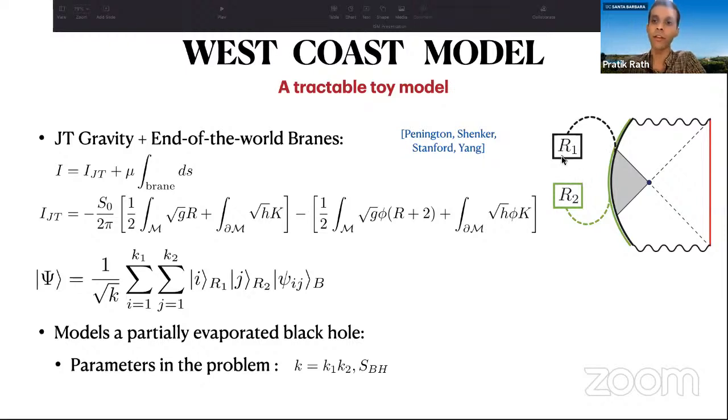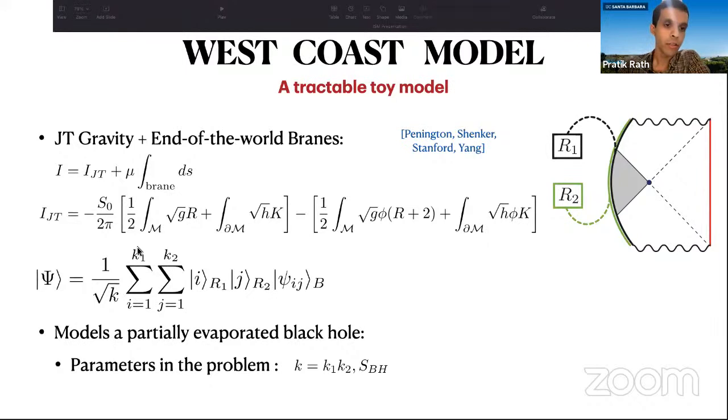So here we've taken the radiation system to consist of two sets, R1 and R2. And R1 and R2 are entangled in this particular way. So the overall state of the system is such that we consider the black hole in a state with flavor indices i, j on the end-of-the-world brane, and the indices i and j are entangled with the radiation systems R1 and R2.